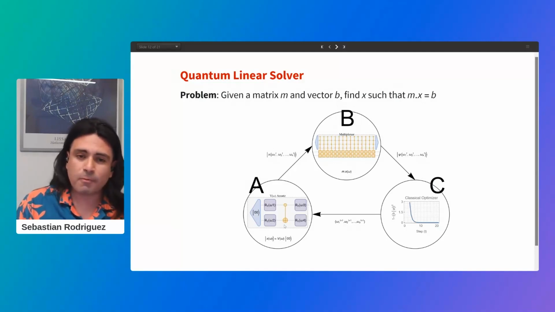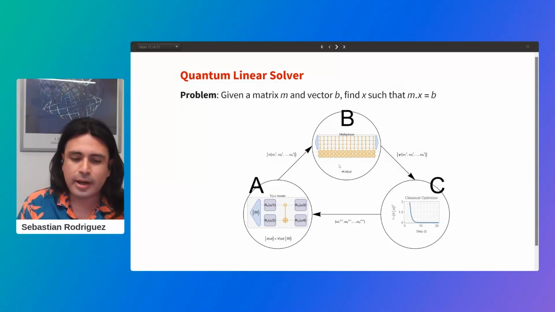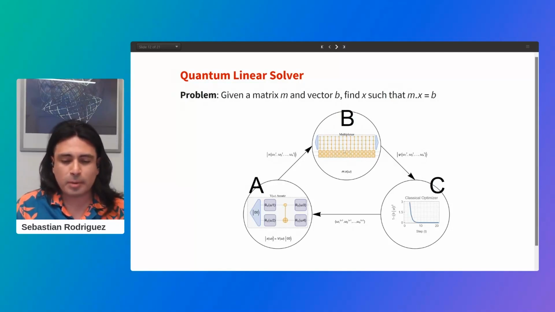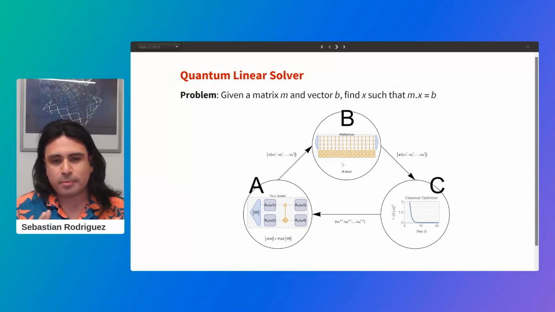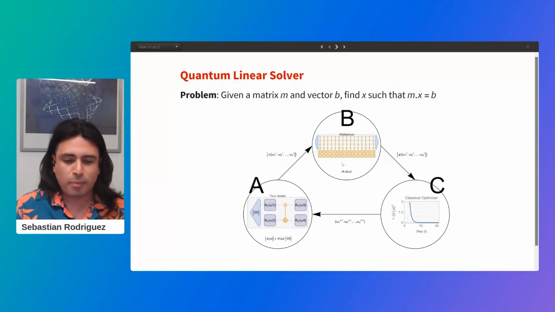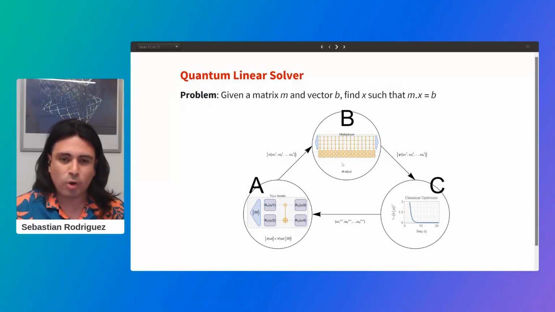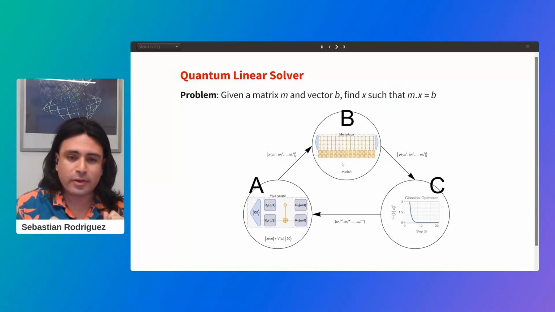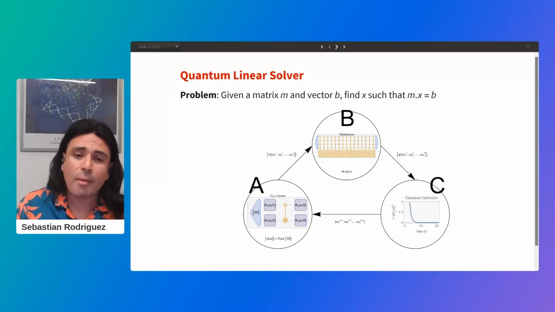So we will feed this state into the control multiplexer. Here, the control multiplexer will perform a multiplication between the matrix and the quantum state X. And the result will be a C state that also depends on the same parameters.